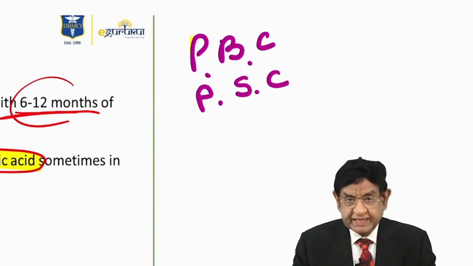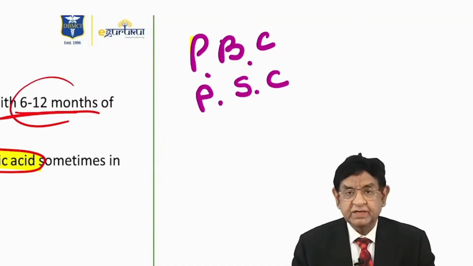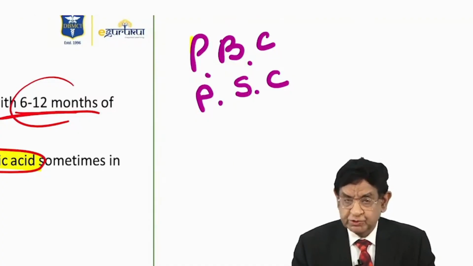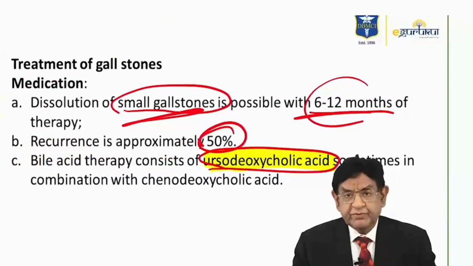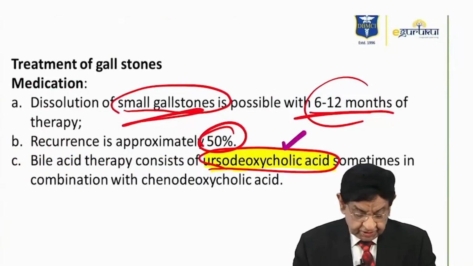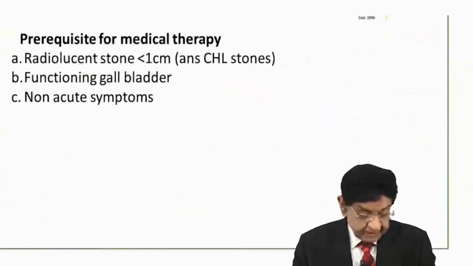I have taken a full lecture on these two topics. You can very well see this lecture to know more about the use of ursodeoxycholic acid. So the only keyword to remember is ursodeoxycholic acid, but not a very popular method, repeating a second time.